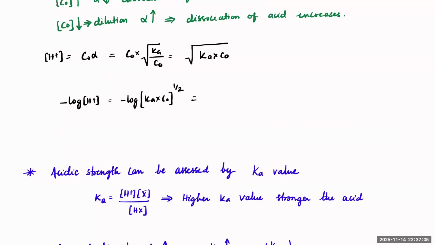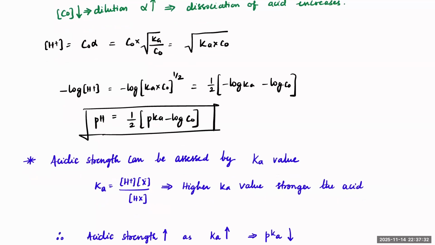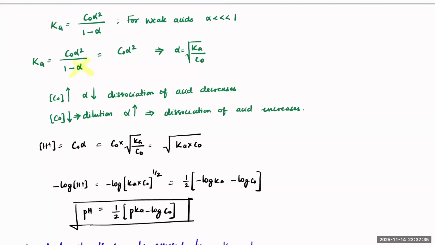Taking the half outside, into minus log of Ka and minus log of C naught, and minus log of Ka can be written as pKa. So this is the formula we'll be using a lot to calculate the pH of weak acid solutions. Derived from Oswald's dilution law, the pH of a weak acid is always equal to half of pKa minus log C naught.